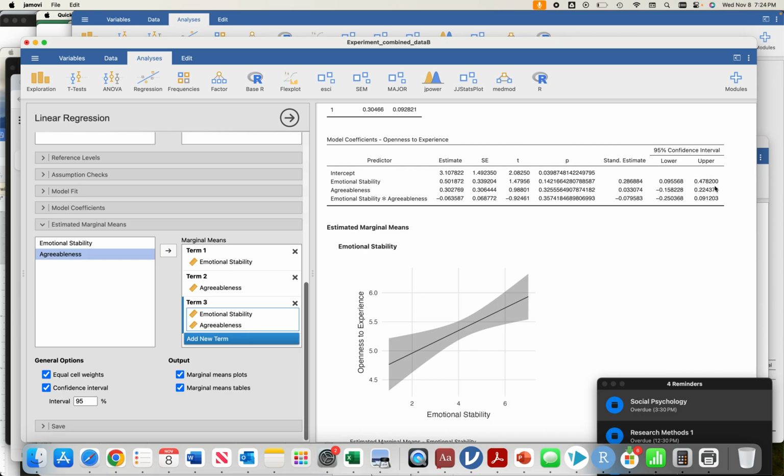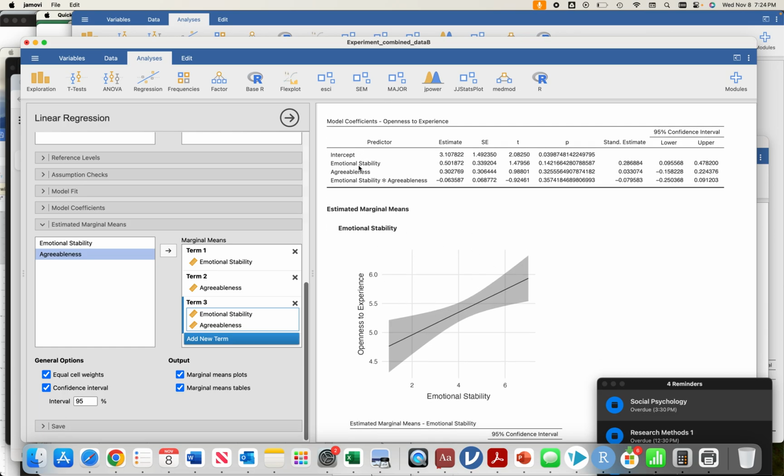And 0.47 is near 0.5, which is large, but 0.478 is technically medium. So this relationship, which is essentially a purified correlation between emotional stability and openness to experience, is 0.28, which is a small correlation-like result. And the population beta is going to be between a small effect and a medium effect.